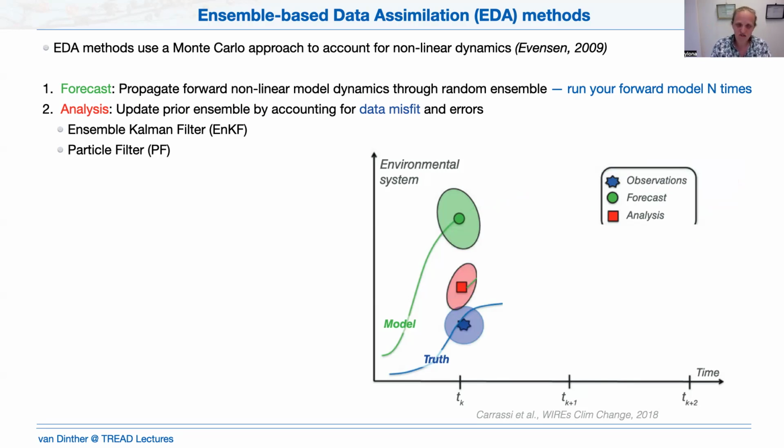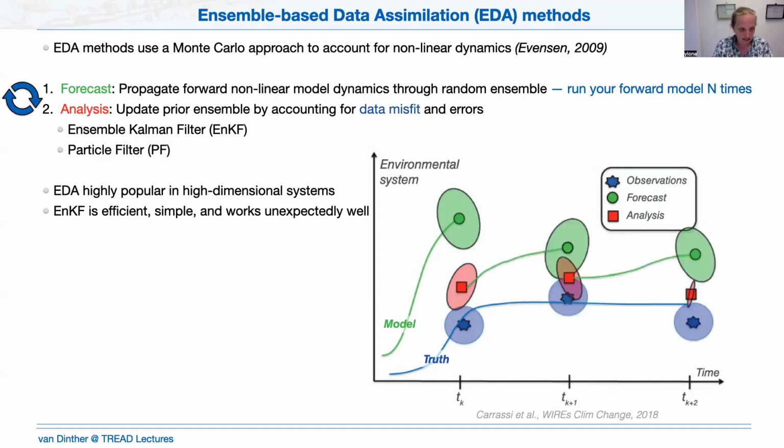These are very similar filtering methods, and they can take care of high-dimensional systems fairly well. The ensemble Kalman filter is just the simplest and most efficient one, which is why we start with that.